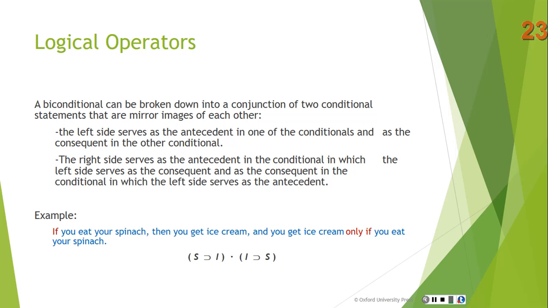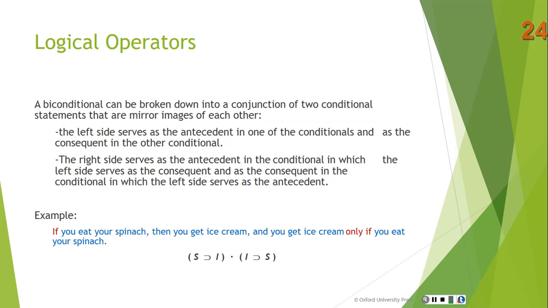Okay, so when I say they're mirror images of each other, what I mean is that the left side serves as, so if you have S horseshoe I, the left side S serves as the antecedent in one of the conditionals and as the consequent in the other conditional.